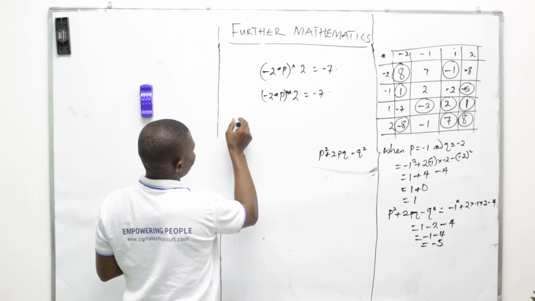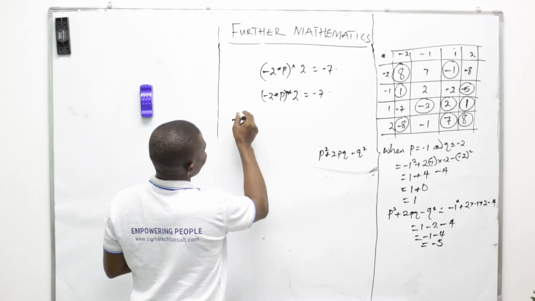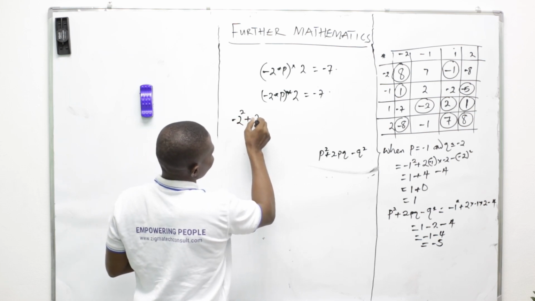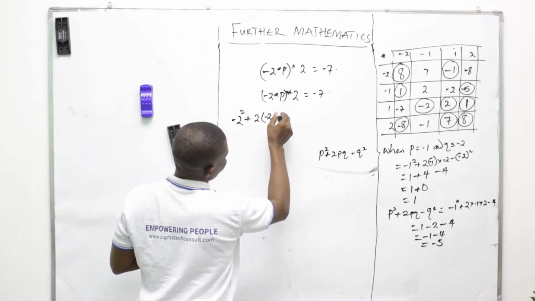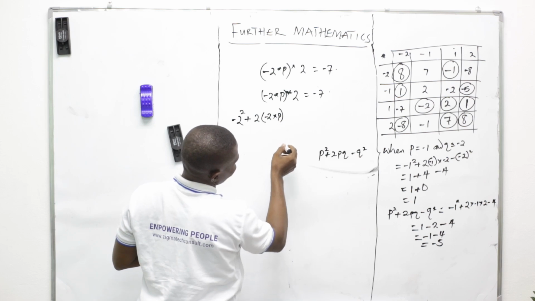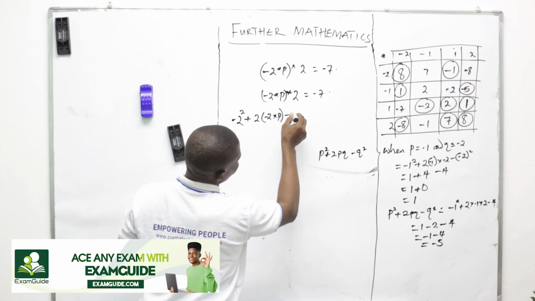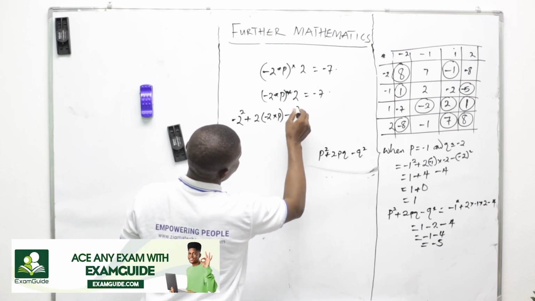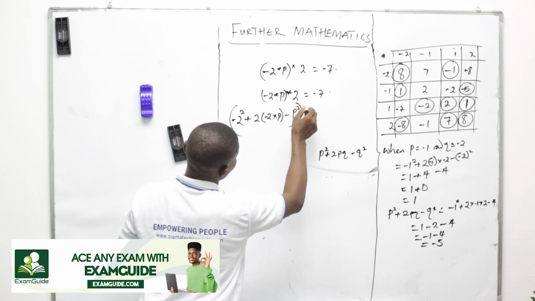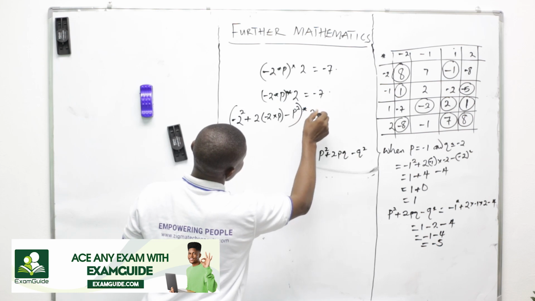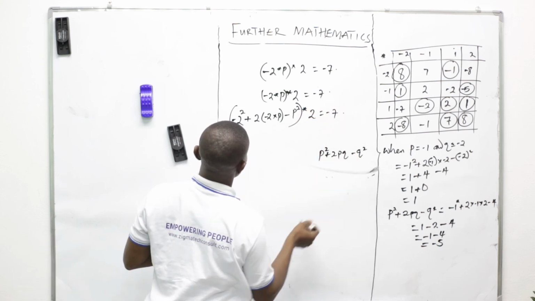Bring it out here: minus 2 squared plus 2 bracket minus 2 times P minus P squared, operating on 2 equals minus 7.